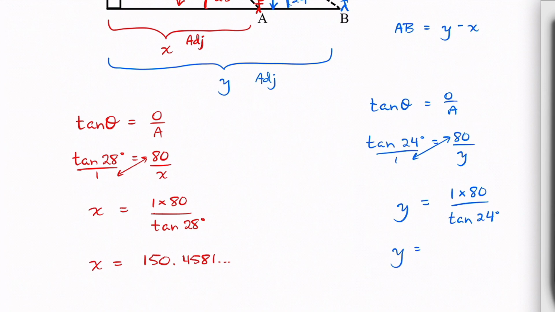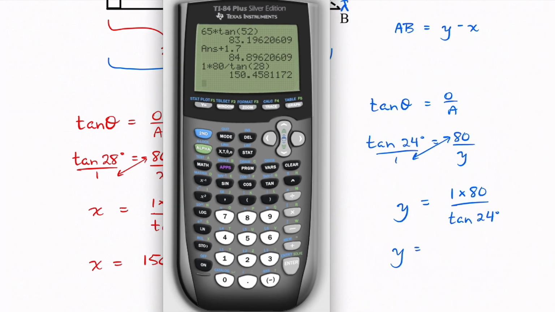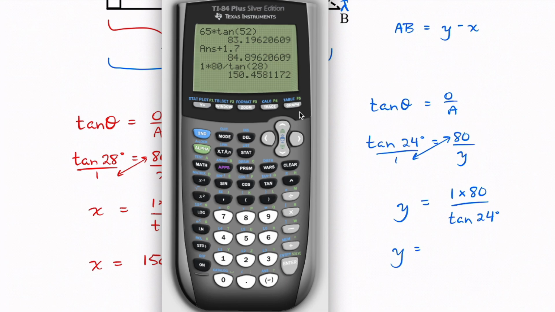Putting that into our calculator, I'm going to use the same calculation. I'll go up and grab it, click enter, and it'll move it down. Some of your calculators might not be able to do that, but this one can. Then I'm just going to change the angle to 24 degrees and click enter. So I get that right there. Let's write that down.